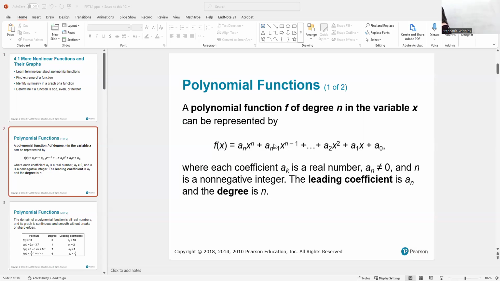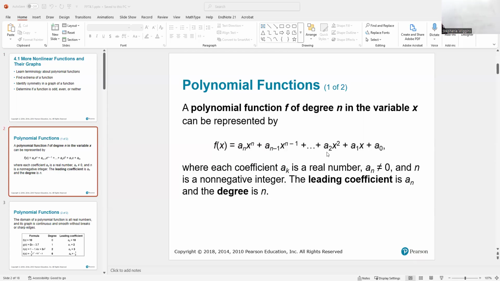A linear function would have degree 1, and a quadratic function would have degree 2. Now what we're doing in chapter 4 is looking at higher degree polynomials, such as f of x equals x cubed, or f of x equals 2x to the 5th power minus 4x to the 4th power plus 1, or something like that.